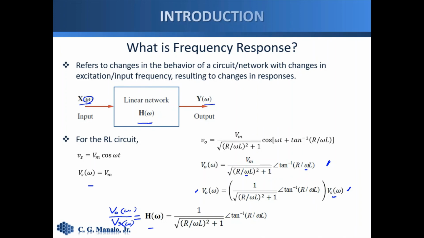So this thing here is what we call the transfer function with respect to the output. So in our next series of videos, we'll be digging deeper into frequency response, and we'll start with the transfer function.